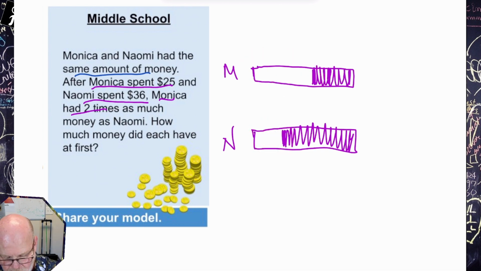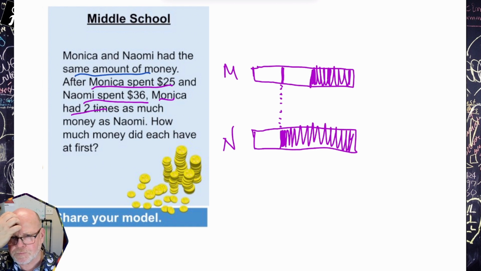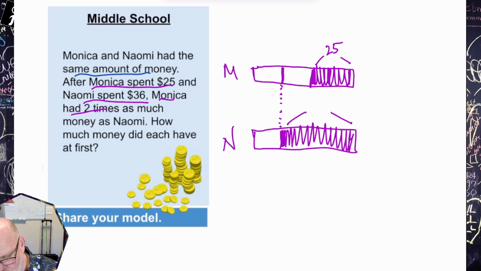Right about there. I can see that this cuts Monica into 2. Now I know that this piece right here is 25, and this piece right here is 36. Using subtraction, 36 minus 25 to get 11, I know that this piece right there is 11.